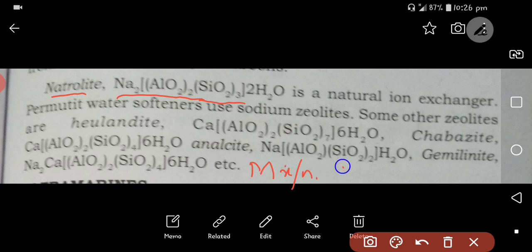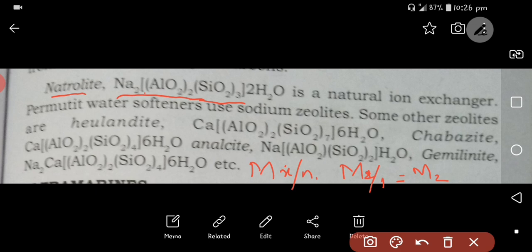For this compound, if it is sodium the charge is 1, so 1 comes in the denominator, and x is 2 since AlO2 occurs twice, so it becomes M2. This way the general formula is converted to the original compound formula.